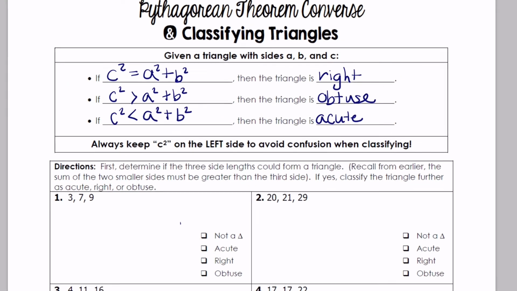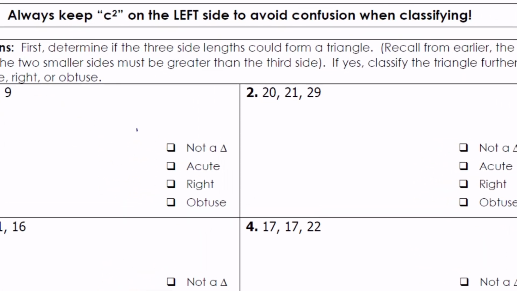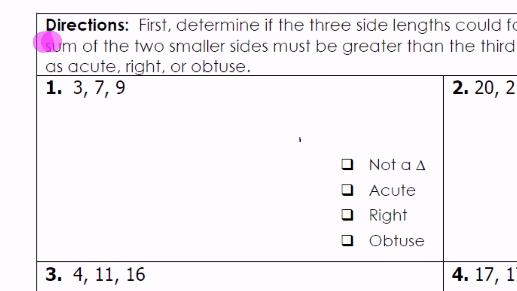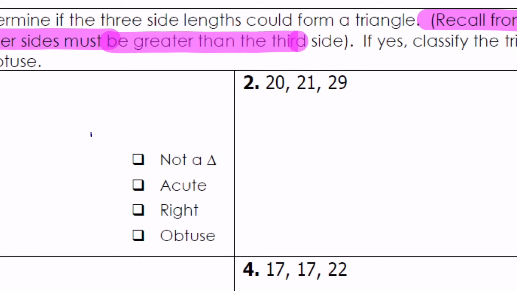Now, before we start solving these next few, it says first determine if the three sides could form a triangle. It says recall from earlier, but I don't remember if we ever mentioned that in this class. But the sum of the two smaller sides of a triangle must be greater than the third side in order for it to be a triangle.